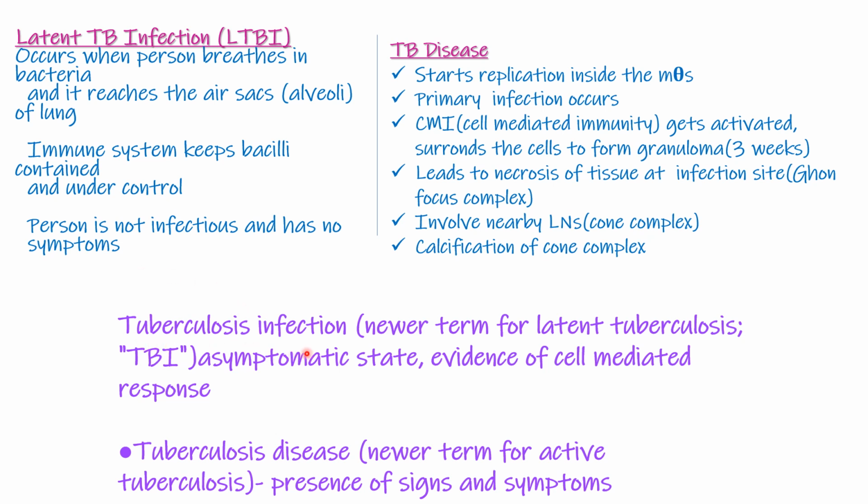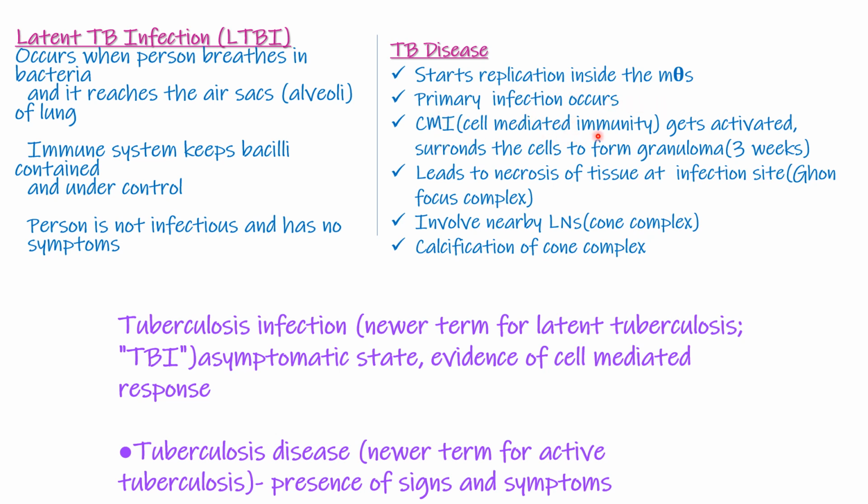So TB infection, the newer term for latent TB, is an asymptomatic phase, and there's evidence of a cell-mediated response when you do a TST or an IGRA. In case of TB disease, it starts replicating inside the macrophages, and then primary infection occurs.